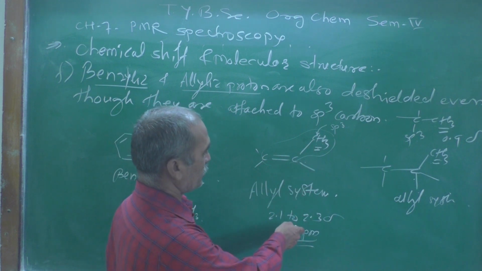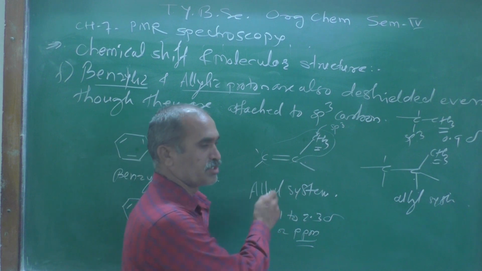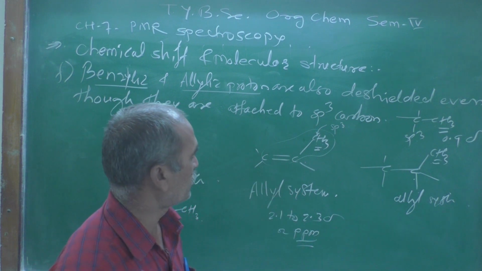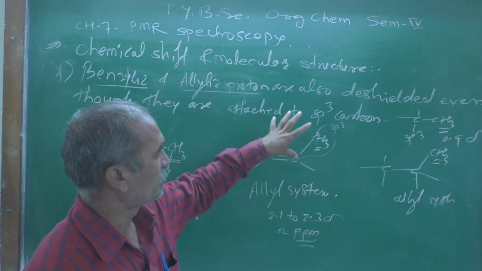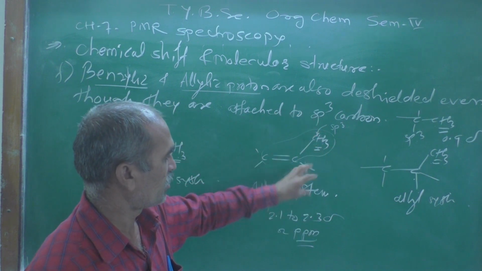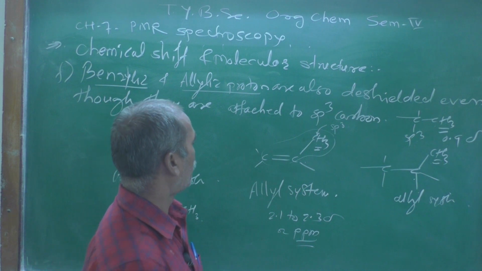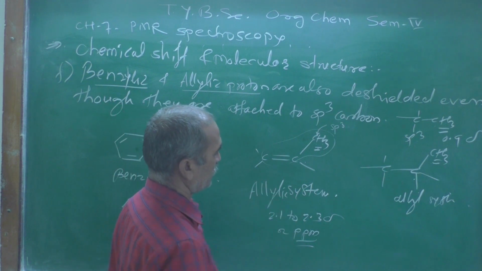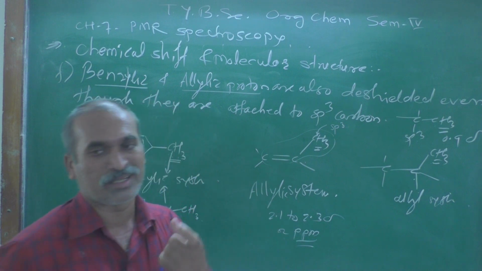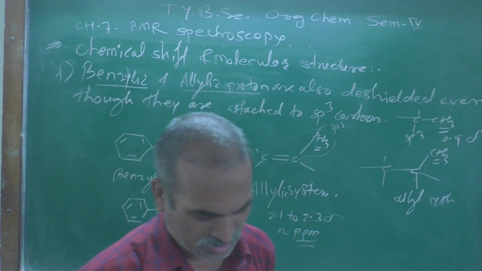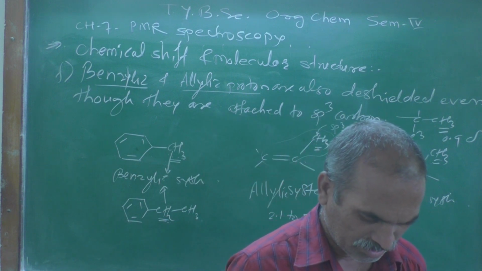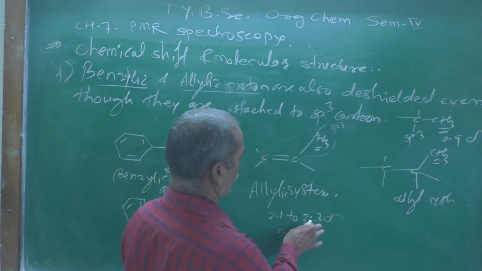So a deshielding effect is observed due to the presence of the carbon-carbon double bond, and this system is termed an allylic system. The chemical shift value is found to be 2.1 to 2.3 delta, or 2.5 delta, not 3.